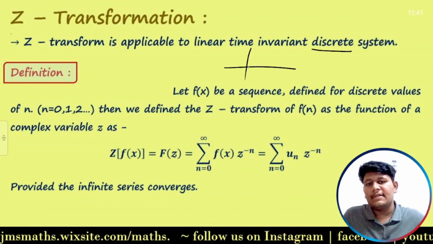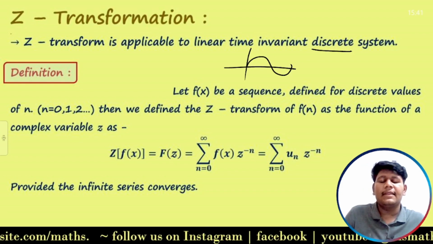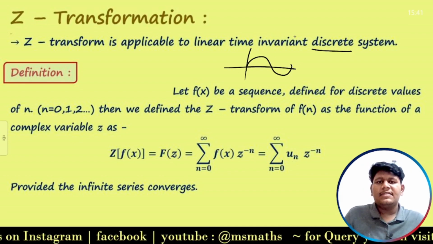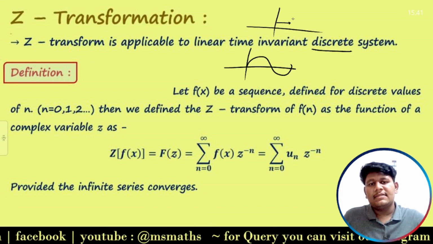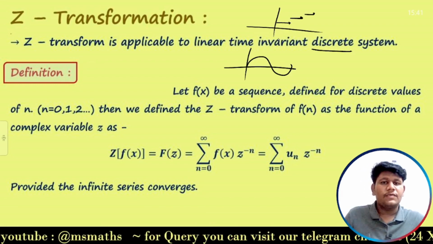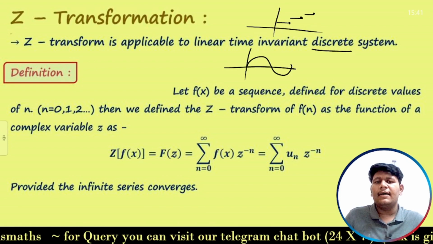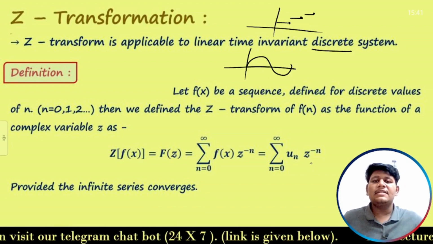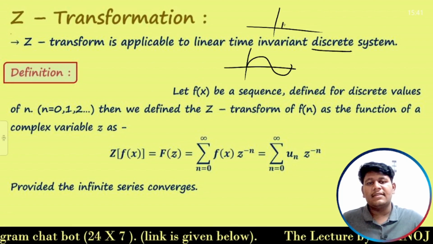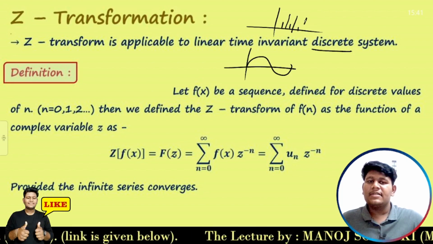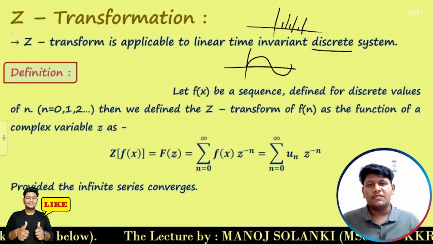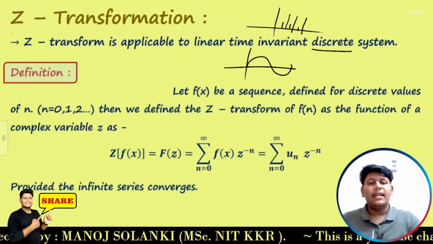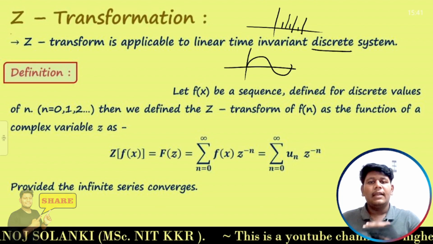Take the example of sin x, which is a continuous function, or simply the signum function, which is a discrete function. This type of function is known as a discrete function. It is pointwise continuous, but there is no continuity in a flow.